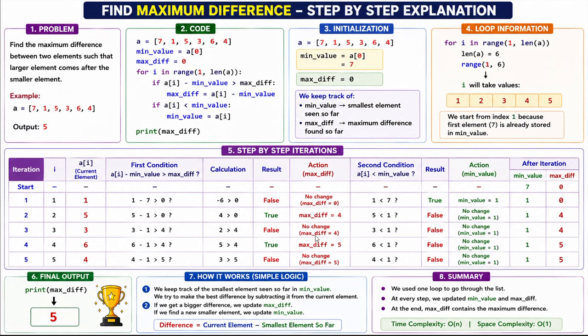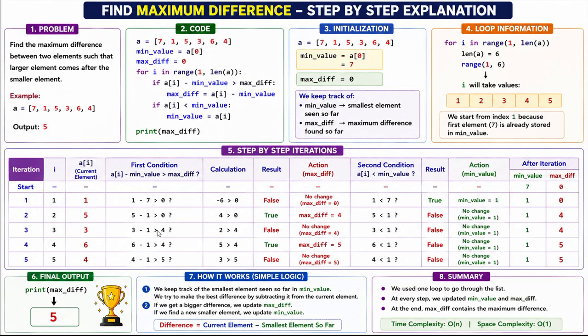So the maximum difference becomes 4 now. It is updated. Now the second condition: 5 less than 1? False. So there is no change. Still the minimum value is 1 and the maximum difference is 4.